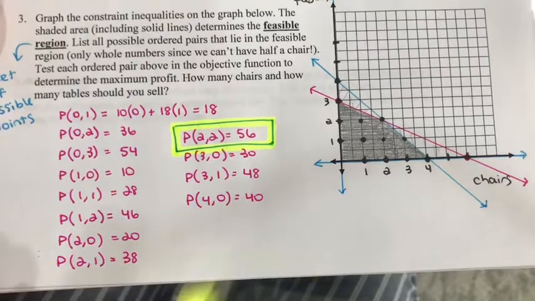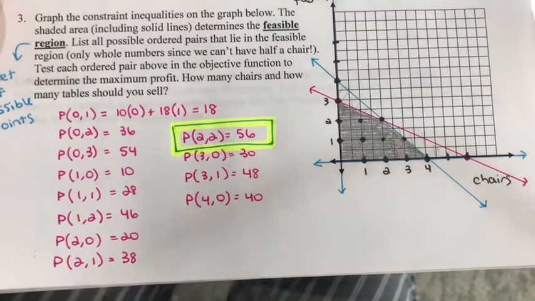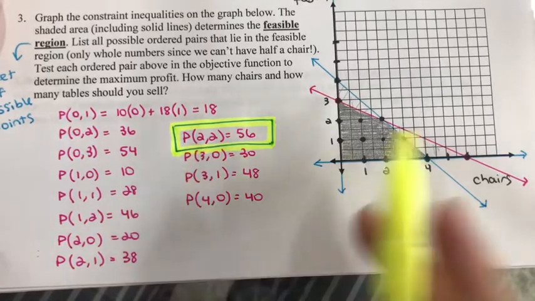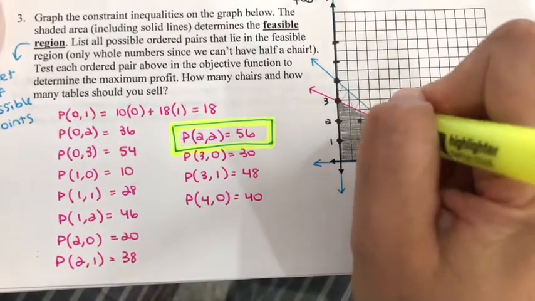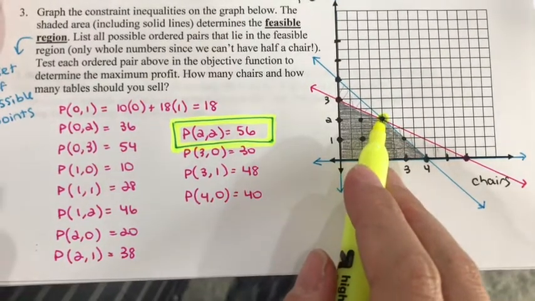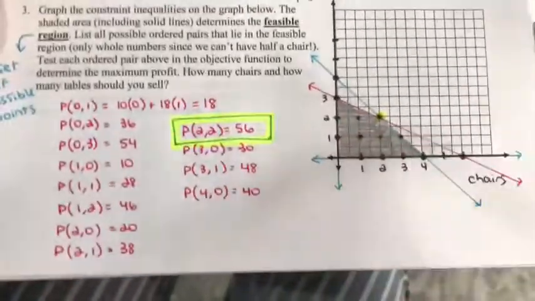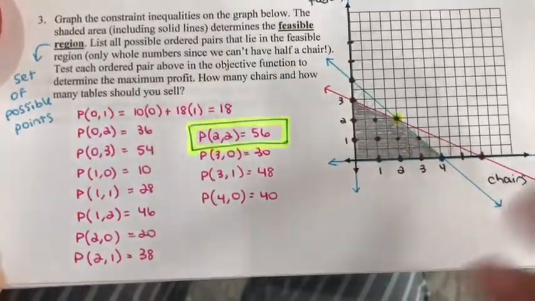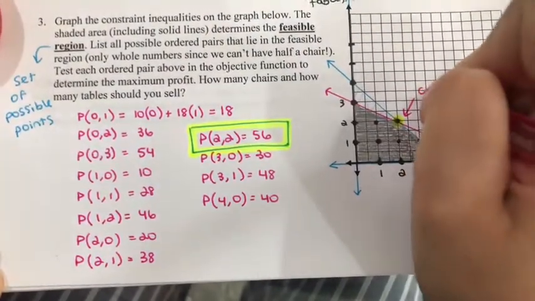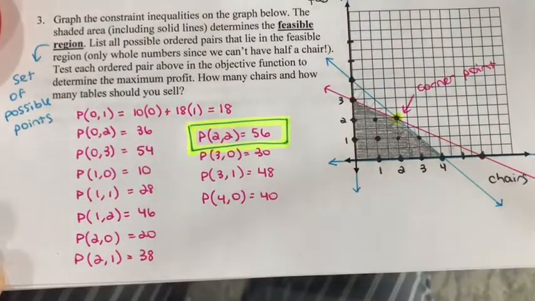Looking at our possible profits, we find that our most profitable situation is if we sell 2 tables and 2 chairs. And you'll notice that that comes from this value over here. So we call that point a corner point. Sorry about that. So we have a corner point right here.